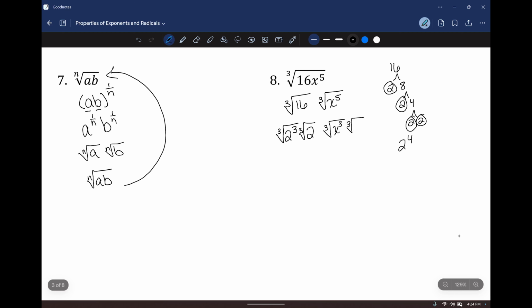That is a perfect cube. And that would leave me with 2 x's left over, because I have to have the 3 plus the 2 to give me 5. So do your perfects first. Cube root of 2 cubed is 2. The cube root of x cubed is x. And then I have the cube root of 2x squared.